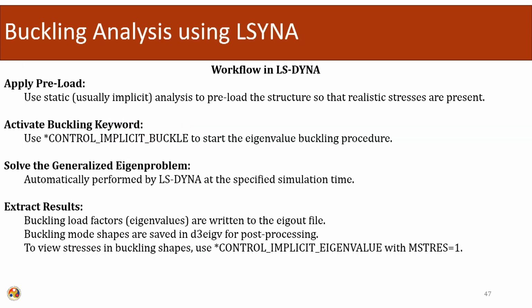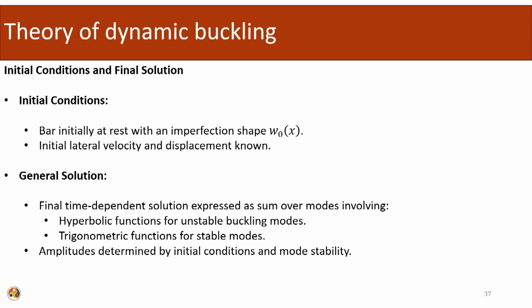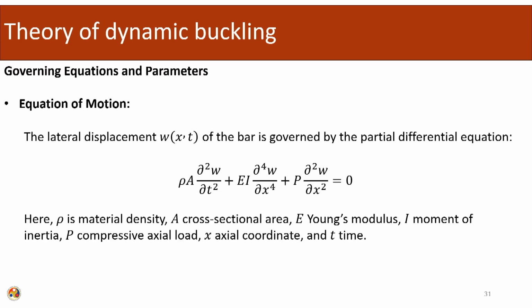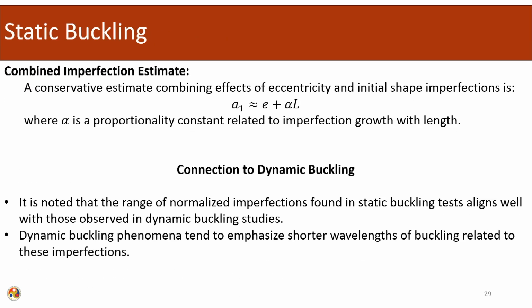Remember when we were dealing with the shape imperfections and the eccentricity, at that point of time we tried to combine it in the linear equation. So what we did was a combined imperfection estimate. So we combined the effect of the eccentricity and the initial shape imperfection, and used it as a Fourier series.